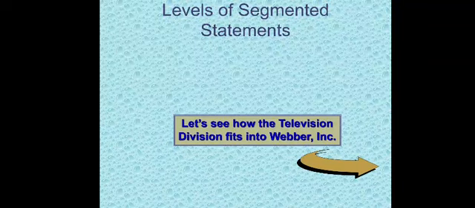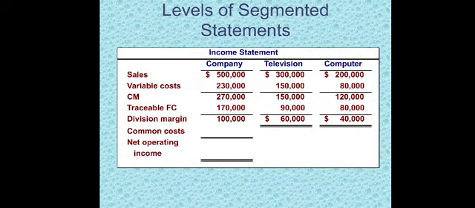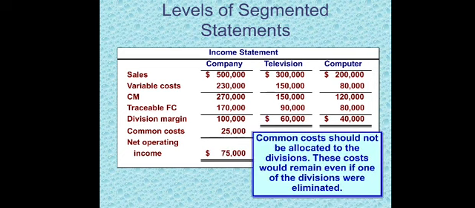Okay, let's see how the television division fits into Weber Incorporated. Okay, this is the thing. The company name is Weber. So the company has an income statement. The income statement of the company is in the first column.